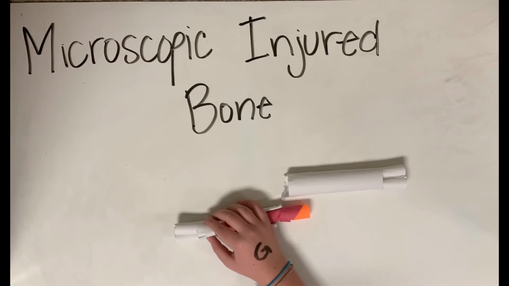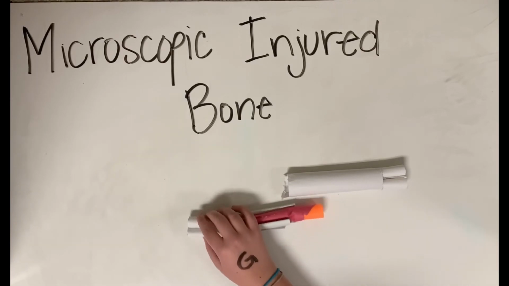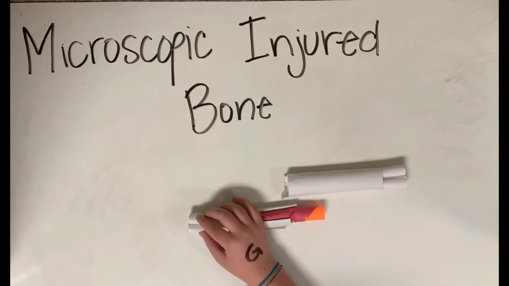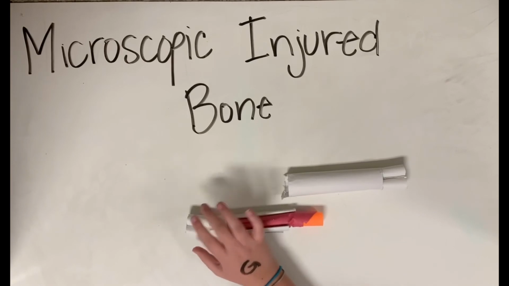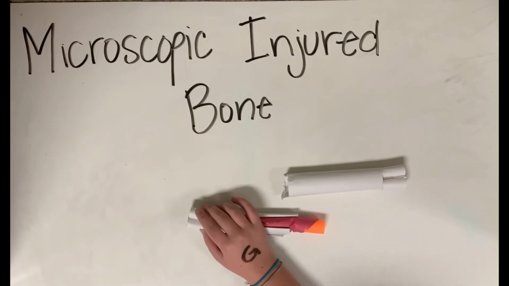Its texture appears porous, and it contains red marrow. This is the articular cartilage. It's the protection of the bone and what makes it hard and sturdy.